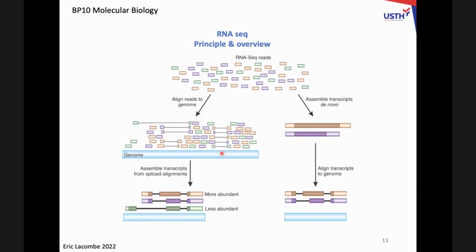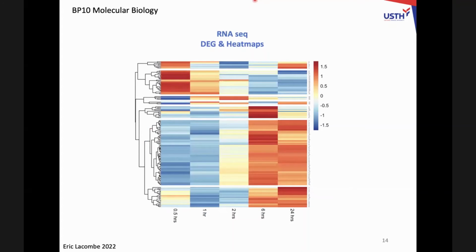And to finish, the results of RNA-seq, when we talk about DEGs, means differentially expressed genes. We produce the result in that way because we can group the genes according to their behaviors.